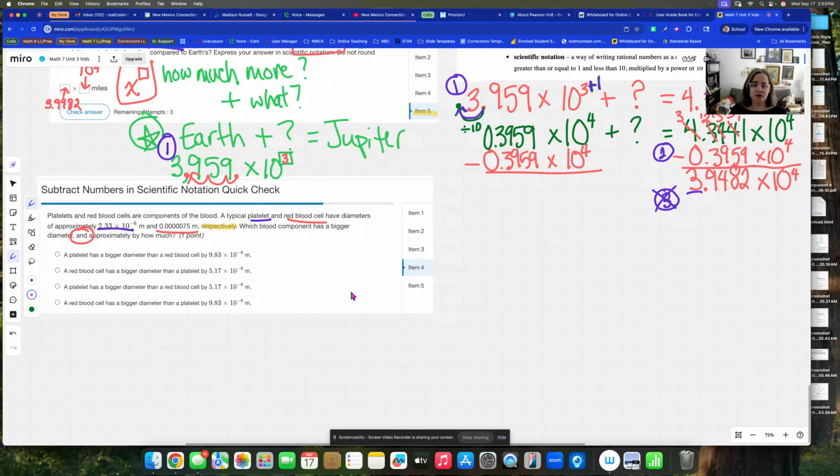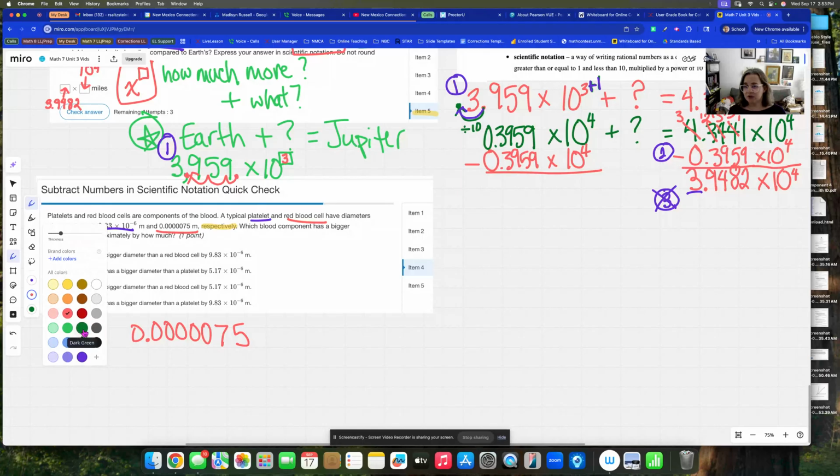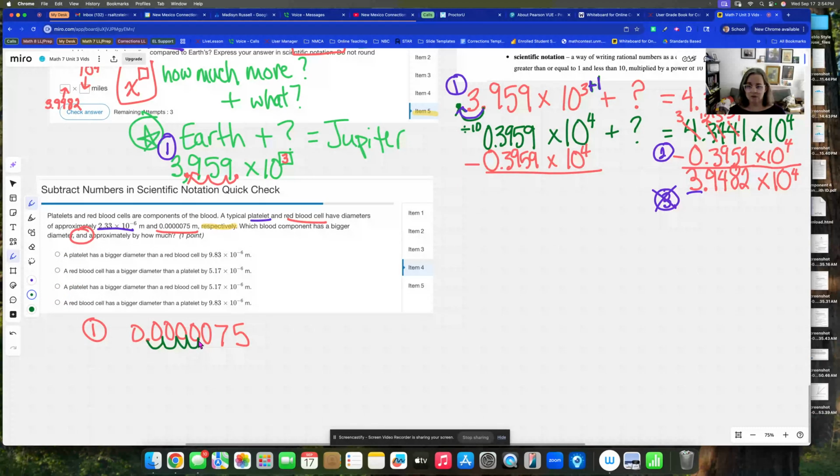All right, so let's remember our steps. The first step is write both the numbers in scientific notation and get them to have the same exponent. So first I'm going to write it in scientific notation. I have to move the decimal 6 times to get it to be where it's supposed to be.